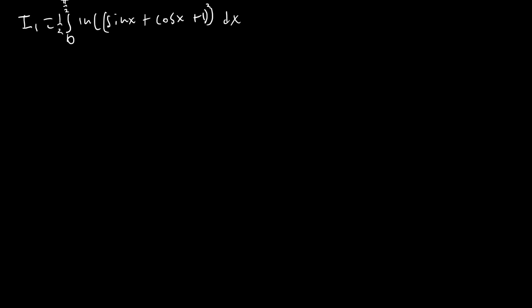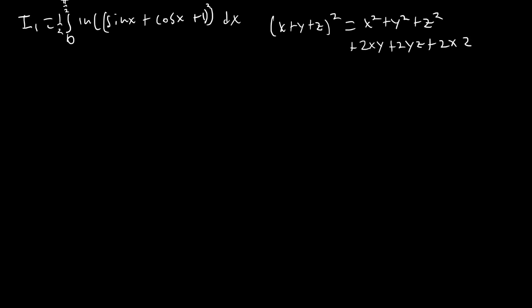1/2 on the outside. Now, something useful to remember is that (x + y + z) squared equals x squared plus y squared plus z squared. Just kidding, you also need plus 2xy plus 2yz plus 2xz.